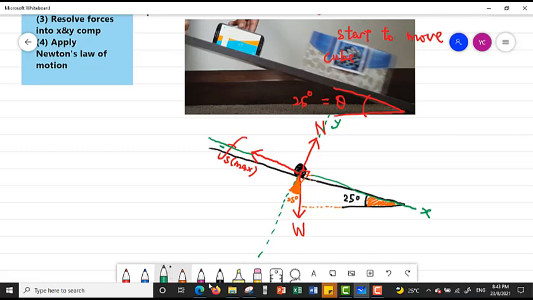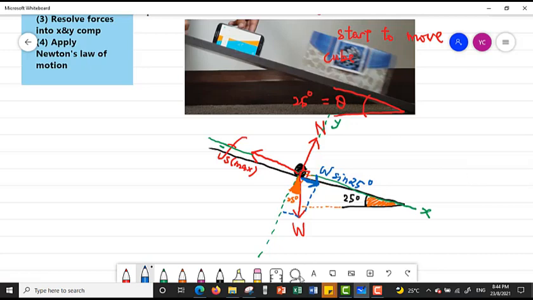So I'm going to resolve the weight. So kita resolvekan weight kepada x-axis. So the x-axis is opposite to the angle. So we have W sine 25.